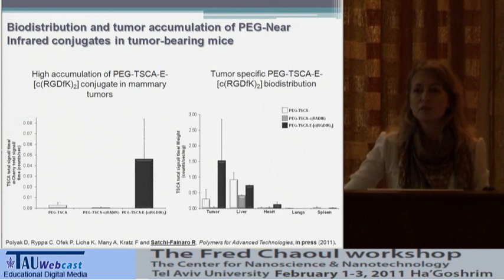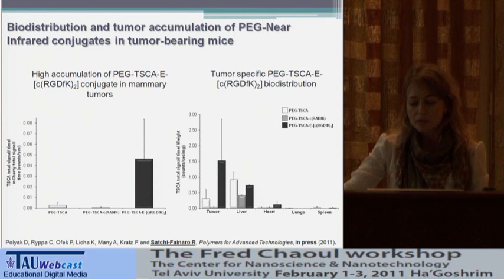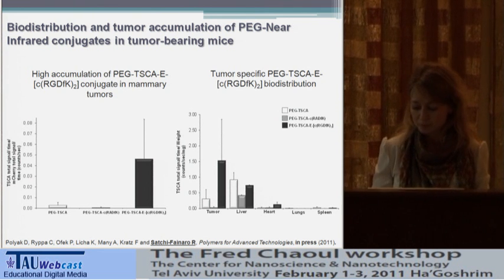To study the in vivo distribution of our targeted conjugate, we coupled it with a near-infrared fluorophore. This compound was preferentially accumulated in tumor sites rather than in other selected organs. It also showed 15-fold accumulation as opposed to non-targeted compounds.